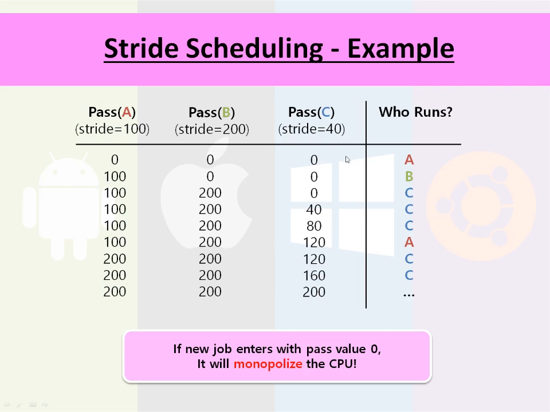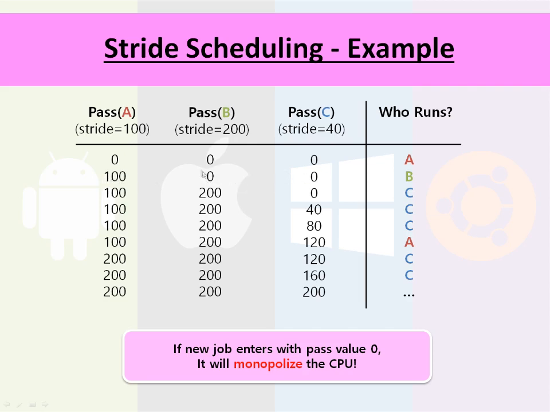We pick using round robin. So it's not random, it's round robin. We pick process A. Because process A runs, we update its pass value to be 0 plus its stride, which is 100. So that's why it's 100 there. Now we have 100, 0, 0.